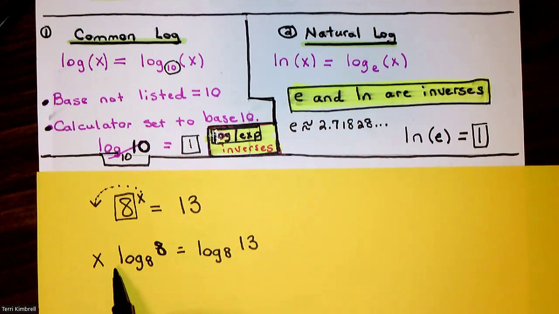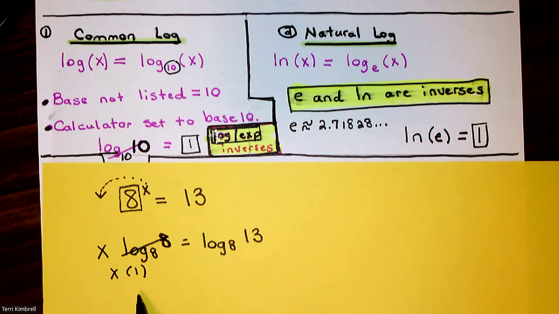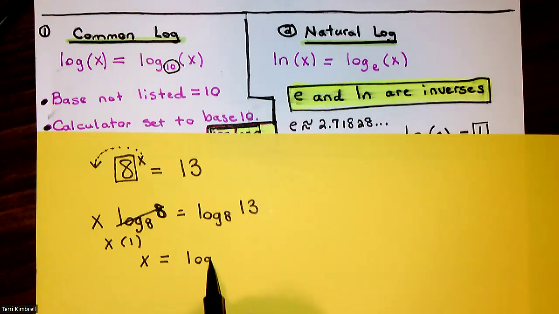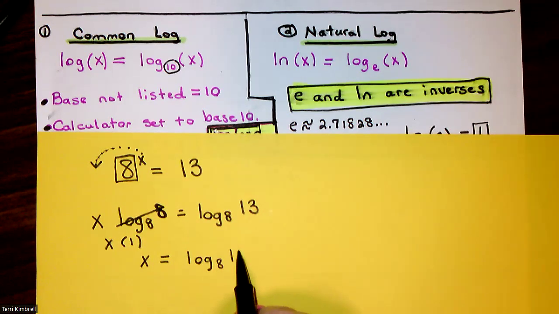When this cancels out, that just means x times 1, which means I'm isolating my x, which would be x. And now I taught you how to type this into your calculator already.